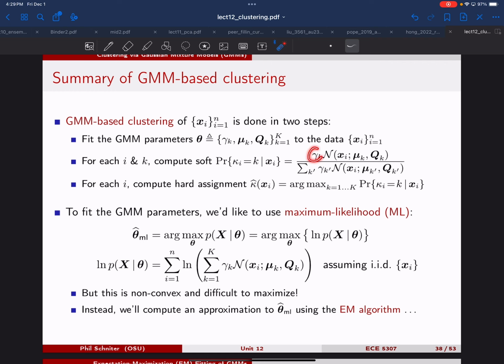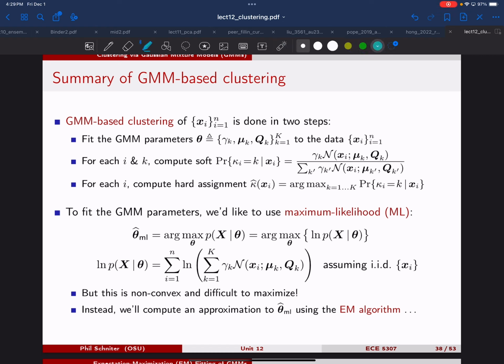We know all these terms from our fitting, and we know all the xi's from our data set, and we can compute all these values. Once we know all those values, for every i, we find the k that maximizes them, and now we know the hard cluster assignments for that training sample xi. Okay, so just to summarize the previous pages.